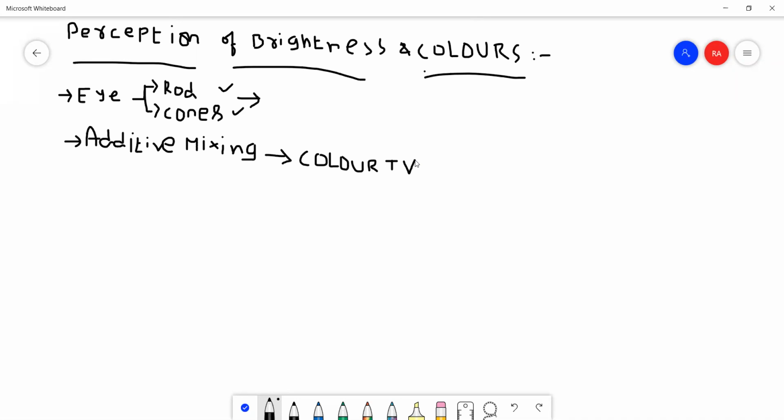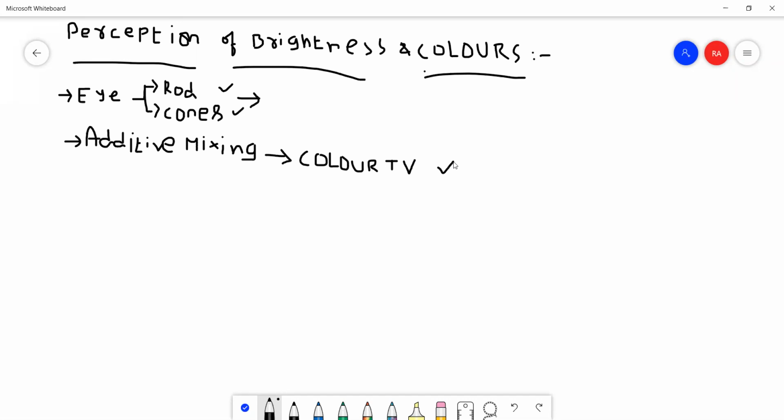So the rods and cones are able to maintain the optic center of the brain, so as to perceive the brightness and color of any object that we are able to see or visualize.